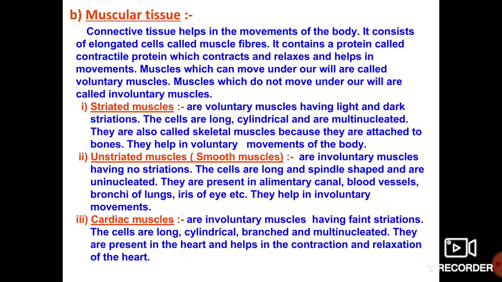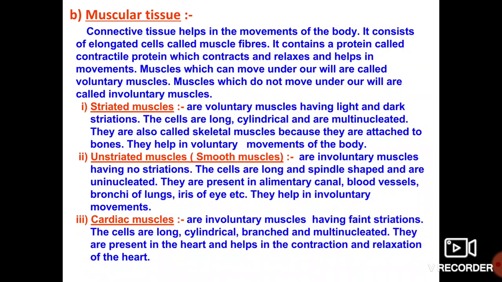So how are the cells arranged in cardiac muscles? These are involuntary muscles, and the cells are long, cylindrical and branched, and here also we find multinucleated cells. They are present in the heart and are very helpful for the contraction and relaxation of the heart. As we know, the sound of the heart is a lub dub, right?